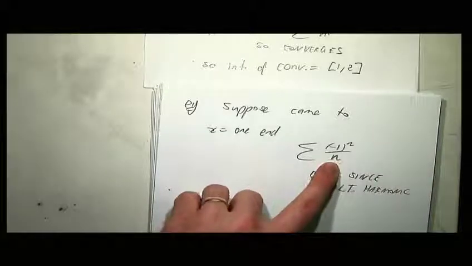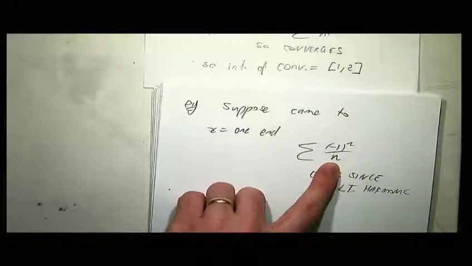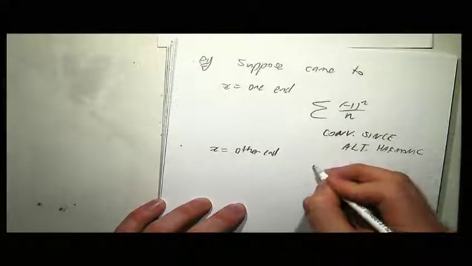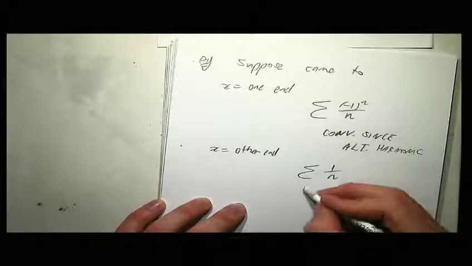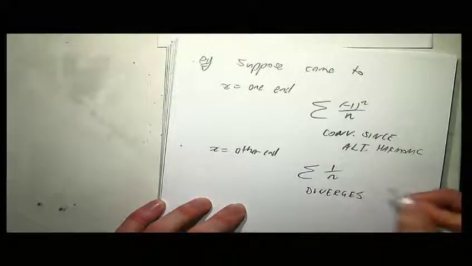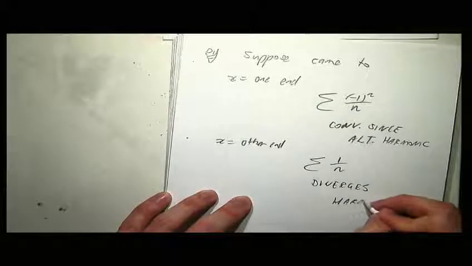And it doesn't matter if it's n as long as it's linear in n. It could be n plus 1. Okay, and that would be okay. And if x was the other end, and you get just that, then this diverges, because it's the harmonic.